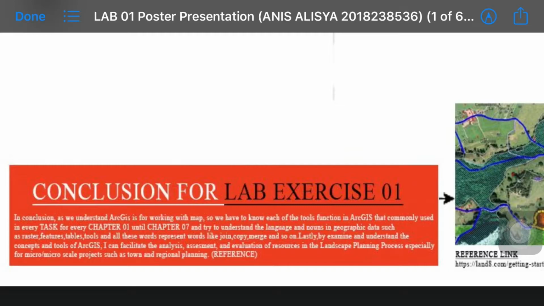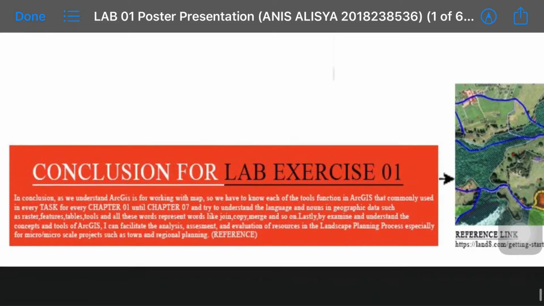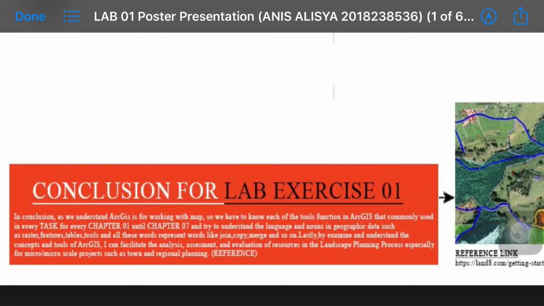So I have learned a lot of verbs, the language, and nouns in geographic data, such as raster, features, tables, and tools. All the verbs represent words like join, copy, merge, and so on.